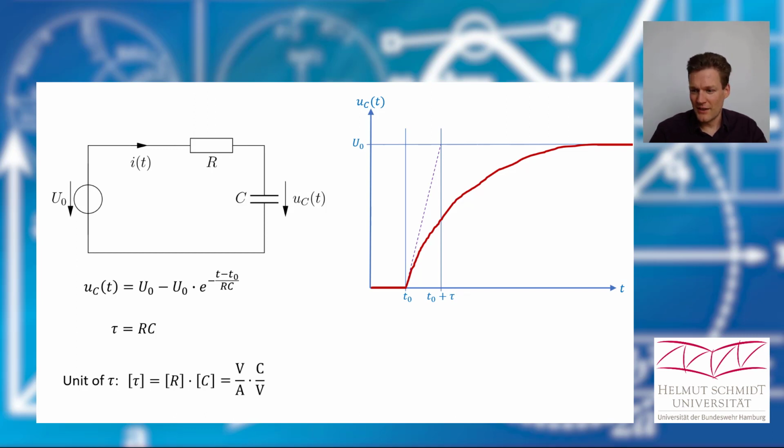So we could say that it's volt per ampere multiplied with coulomb per volt. You see, we get rid of the volt and we have here coulomb per ampere. Now remember, ampere was the charge per time, so it's coulomb per second. And now you see we get rid of the coulomb, and really the time constant tau has the unit of seconds.